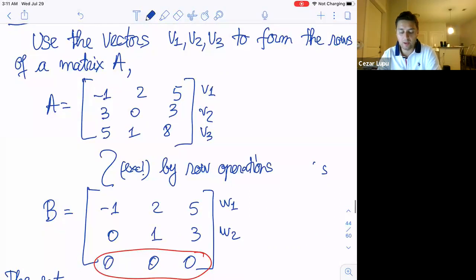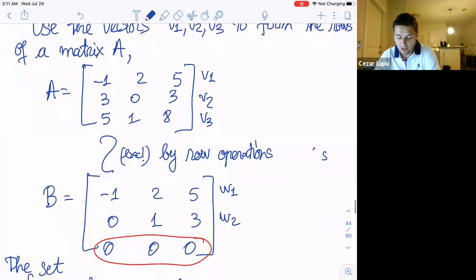We will obtain the following matrix B. So the row echelon form of A is this matrix B, which looks like this: -1, 2, 5, 0, 1, 3, 0, 0, 1, 0, 0, 0.